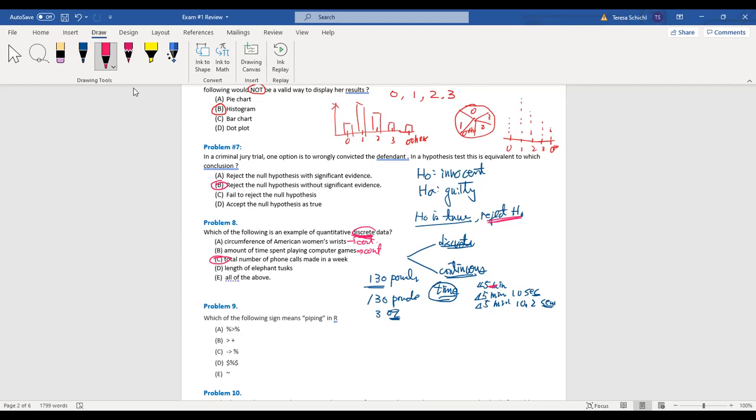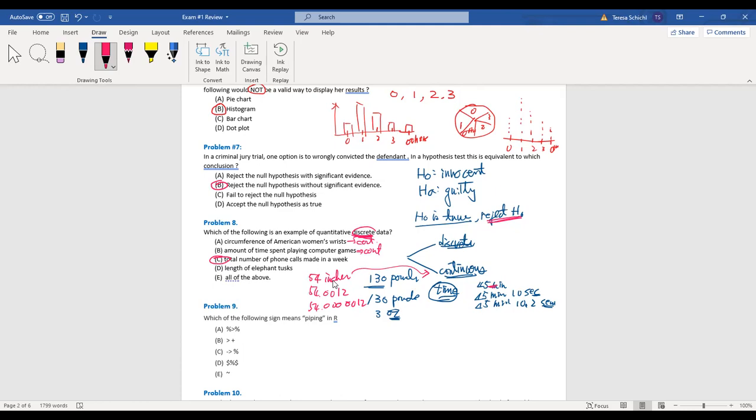Like maybe 54 inches. Is it exactly 54? Maybe not, right? Maybe it's 54.0012. Or maybe it's 54.000012. You can continuously divide into smaller ones. So this one is continuous also. So the answer is C here.